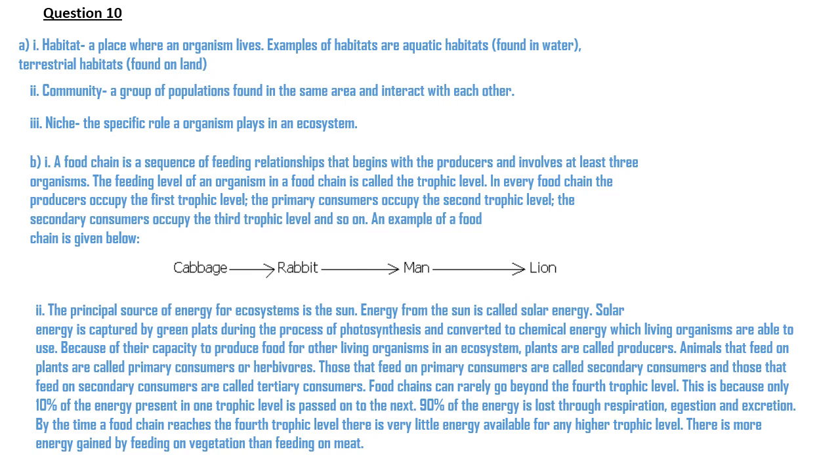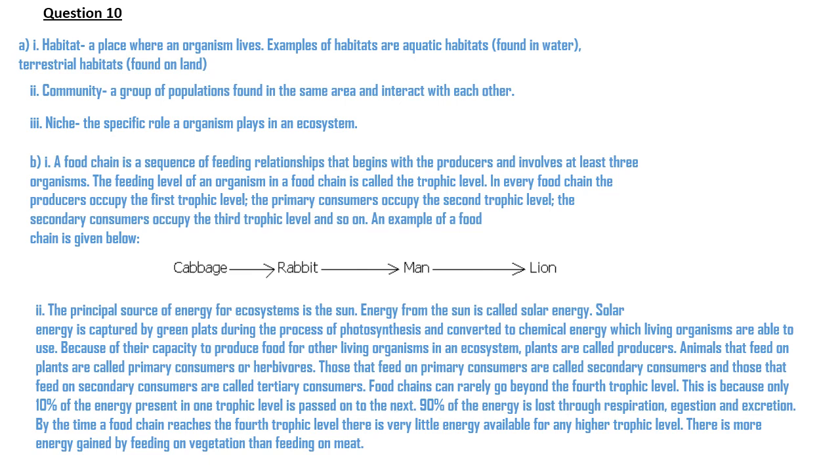Food chains can rarely go beyond the fourth trophic level. This is because only 10% of the energy present in one trophic level is passed to the next. 90% of the energy is lost through respiration, ingestion, and excretion.